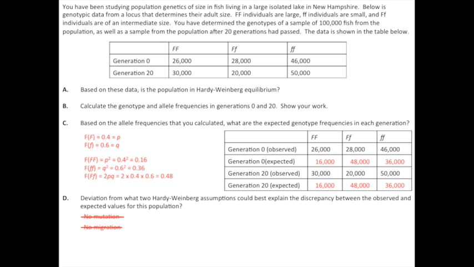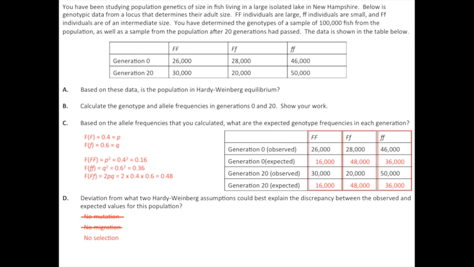No selection. For this, we want to think about the physical characteristics of the organisms themselves, and if the changes that we're seeing are consistent with one or more of them being advantageous or deleterious. Here, what we see is more than expected big F individuals, more than expected little f individuals, and fewer than expected heterozygotes.